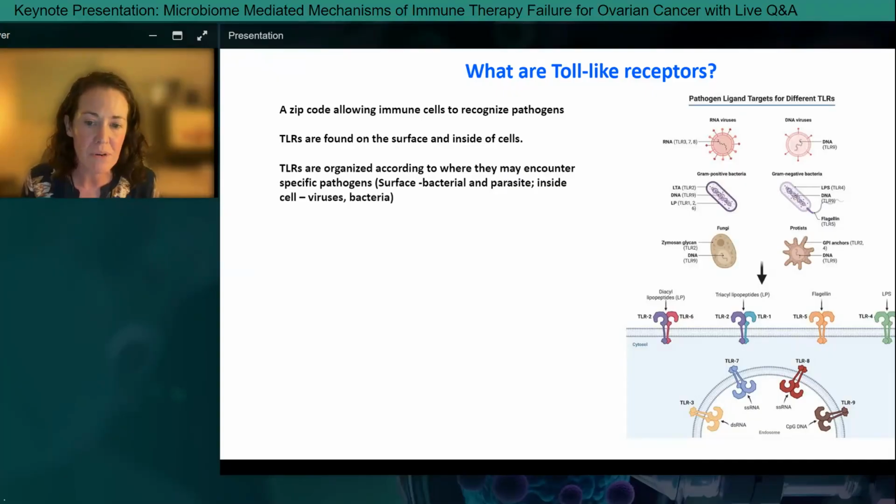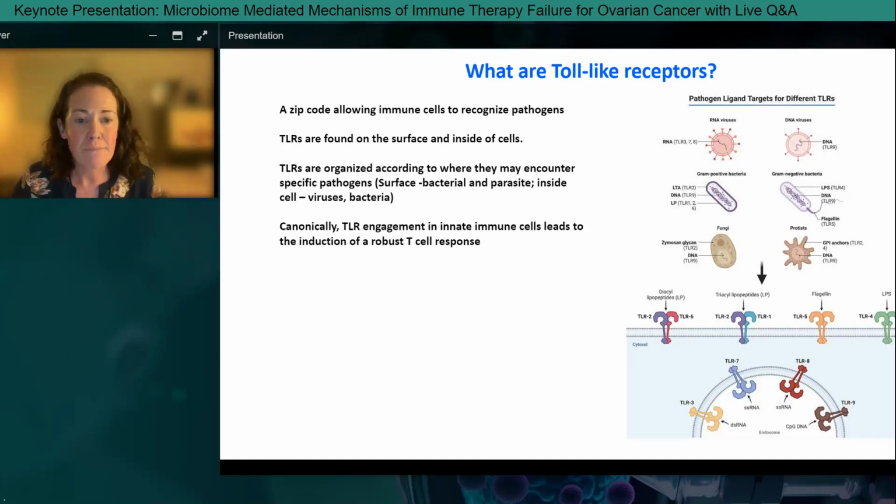So for example, the ones on the surface of the cell tend to recognize and be more specific towards bacteria, certain fungi, and parasites that don't tend to invade inside the cells. Whereas the ones on the inside of the cell tend to recognize pathogens that can invade, such as bacteria and viruses.